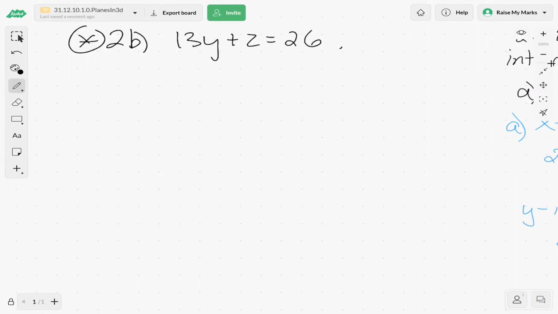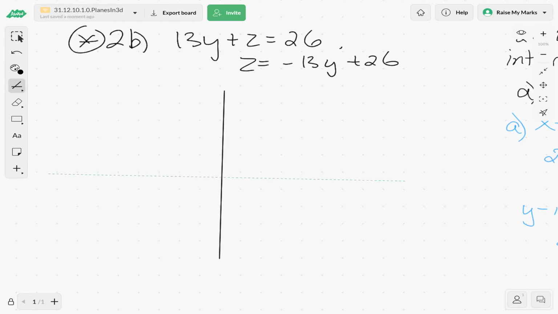Let's see if we can graph this. Why don't we rewrite this as a line in the zy plane. Again, we'll draw our axes.